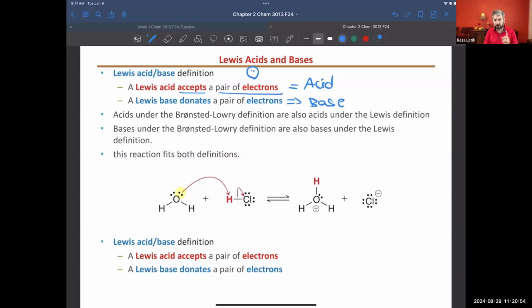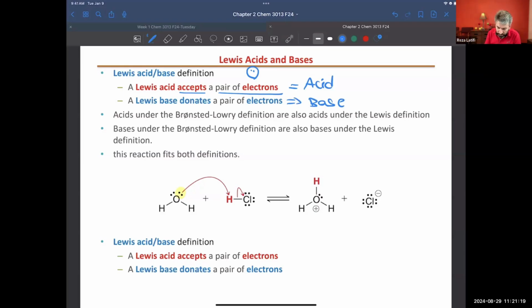I want you to be careful about donating or accepting. Don't get confused with Bronsted. Bronsted said the acid is the one that's donating H plus. And for Lewis acid, we say an acid is a compound that's going to accept a lone pair.